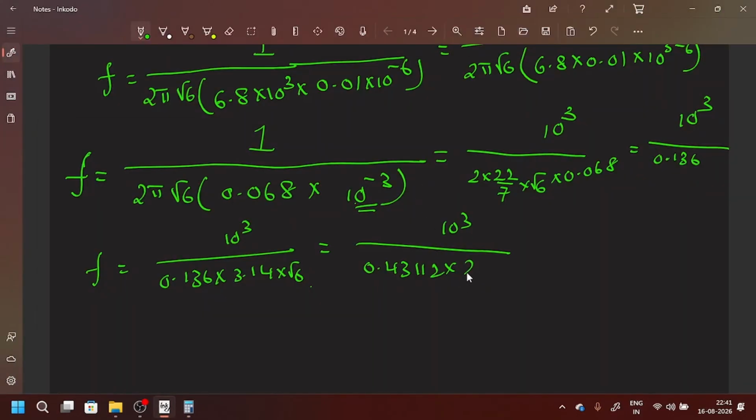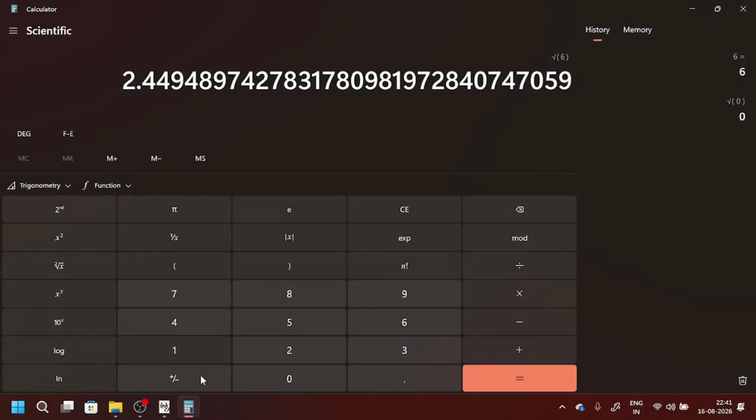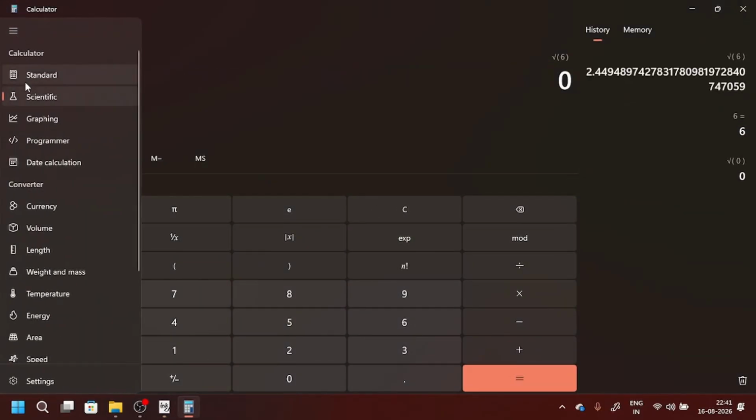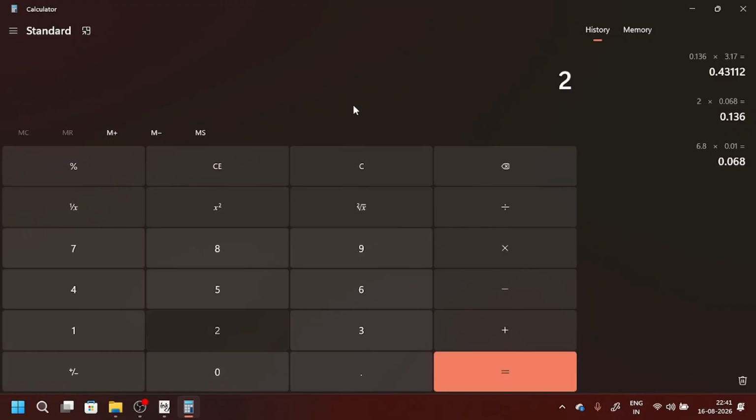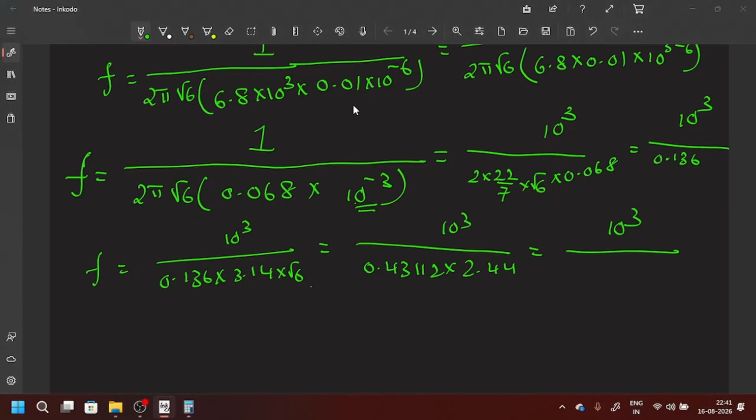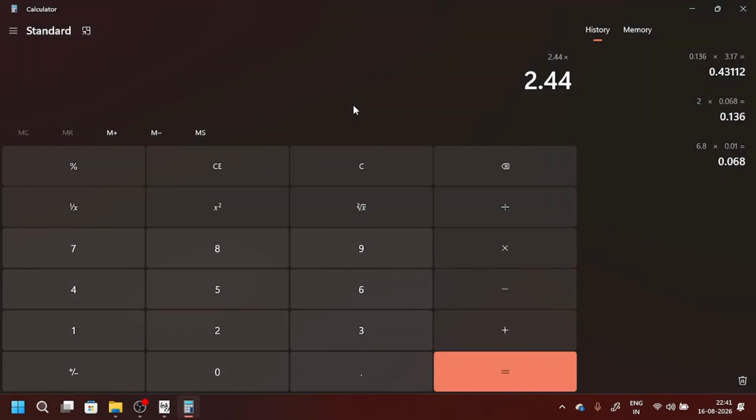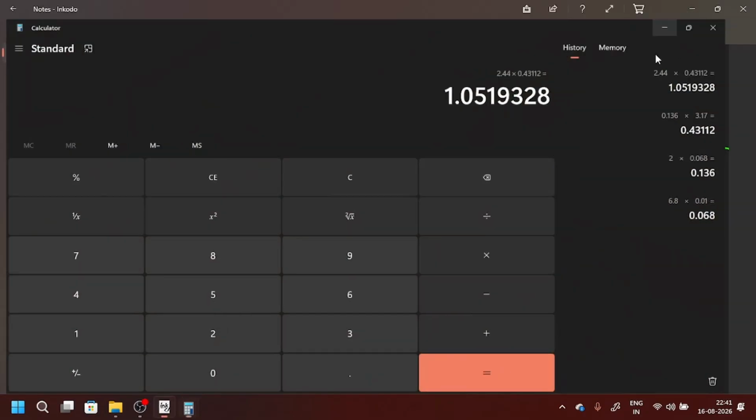Multiplied by 2.44, again that will be 10 cube divided by, so yes, standard calculator, 2.44 multiplied by 0.43112, it will be 1.05.